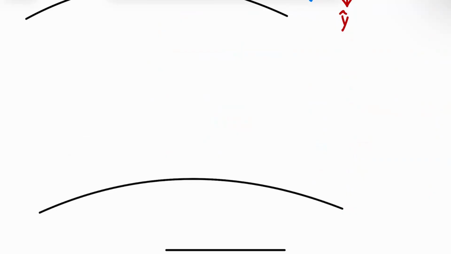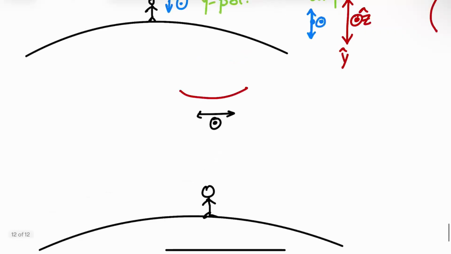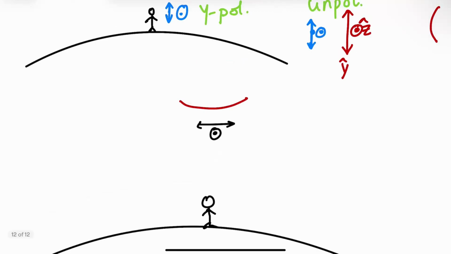Okay, the other case, I'll go through this one a little more quickly. We'll have the same situation, a person standing up here. And now the sunlight is coming from above, so the sun is right there. Polarization can be either like this or like this. You can't have polarization along y because that wouldn't be a plane wave.